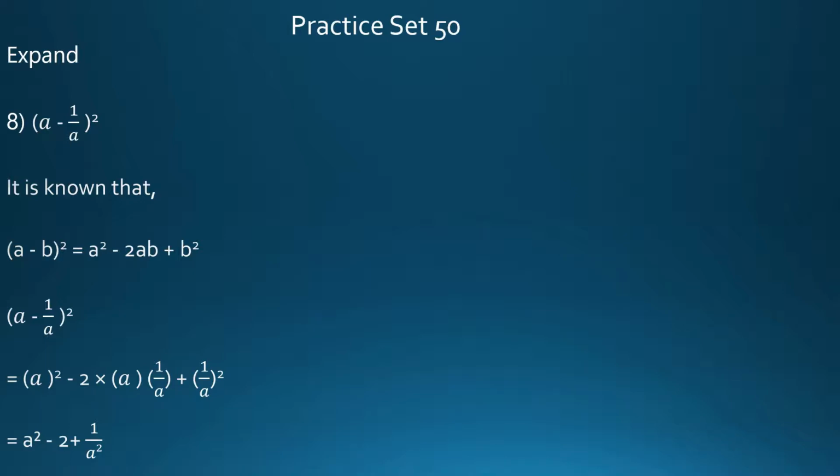So the expansion of a minus 1 upon a the whole square is a square minus 2 plus 1 upon a square.